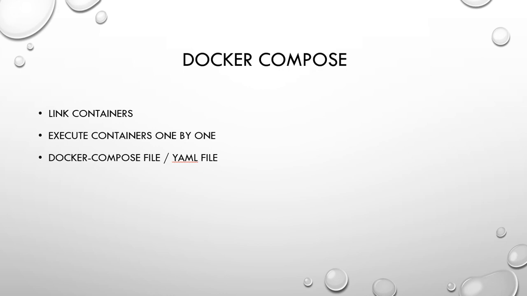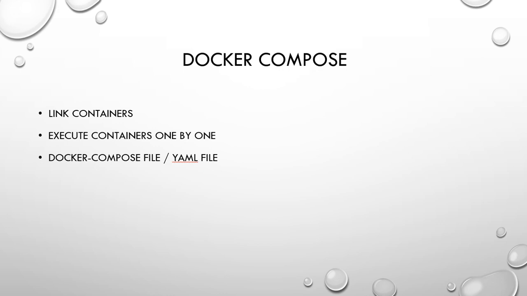Next, we have the Docker compose file. Now, what is a Docker compose file? Suppose we have multiple applications in various containers and all those containers are linked with one another. We don't need to execute each container one by one.